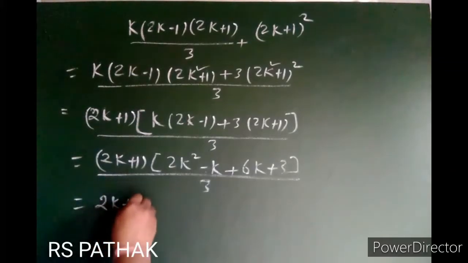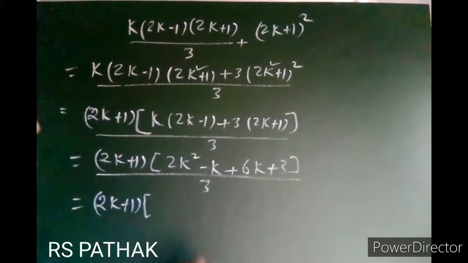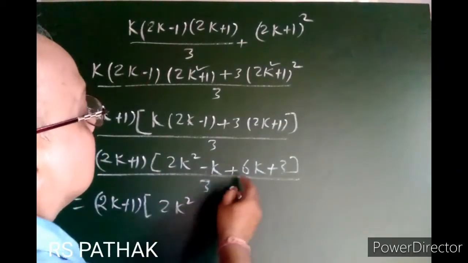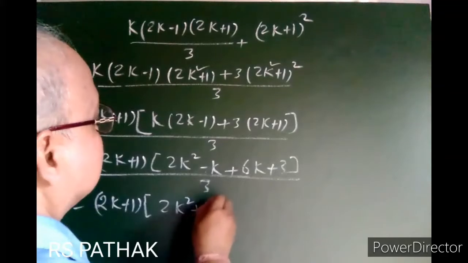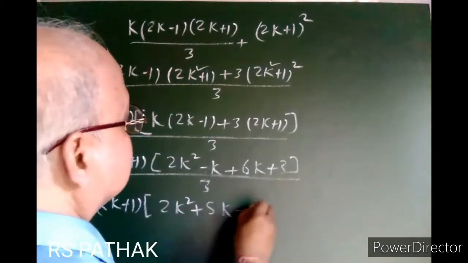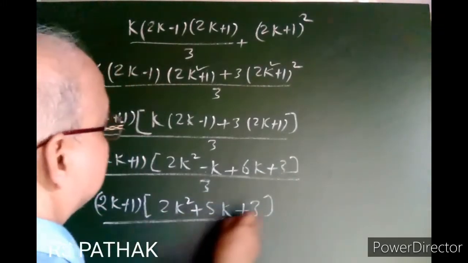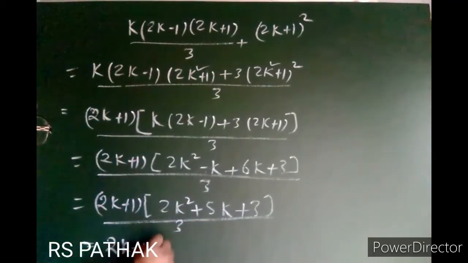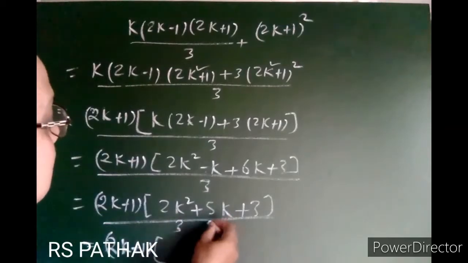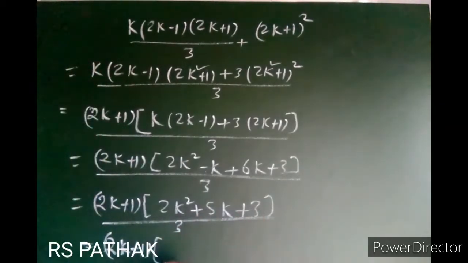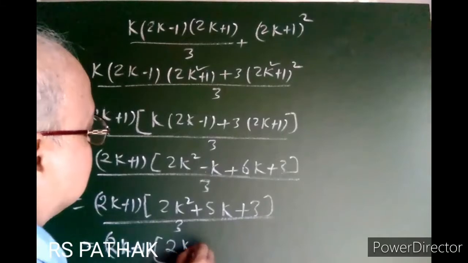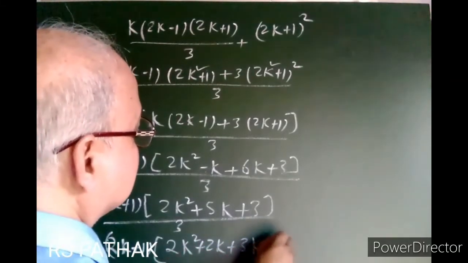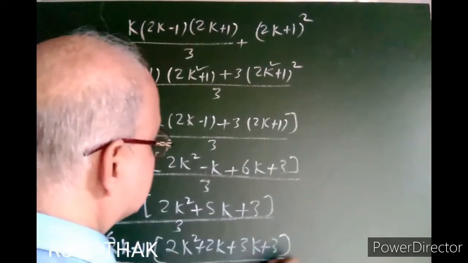2k plus 1, this will be 2k square plus 6k minus k, which means 5k, plus 3, upon 3. After factorizing this, we can write it as 2k square plus 2k plus 3k plus 3 upon 3.